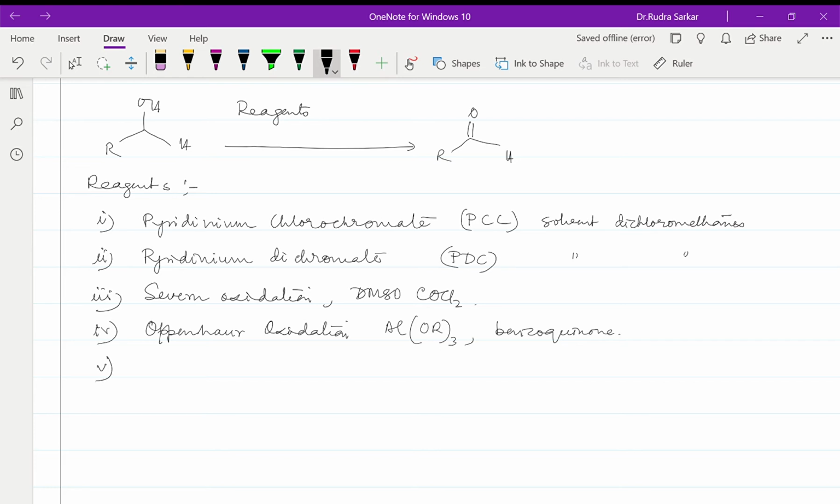So these are the reagents commonly used for such oxidation.